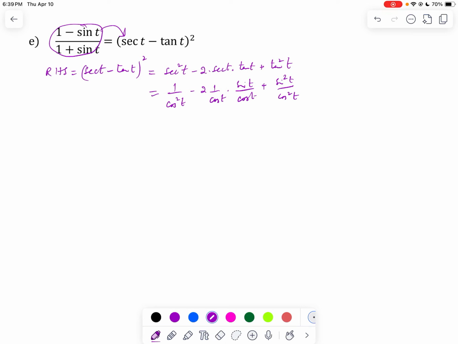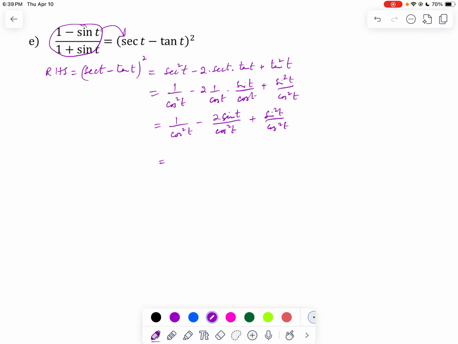Okay. So you see at the bottom, we should be able to see that each denominator is cosine square t. So we have on the top 2 sine t over cosine square t, and then sine square t over cosine square t.